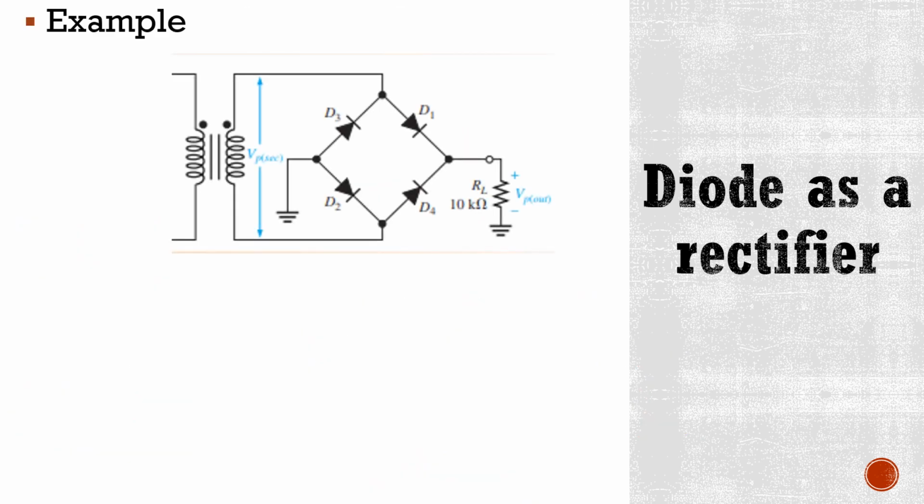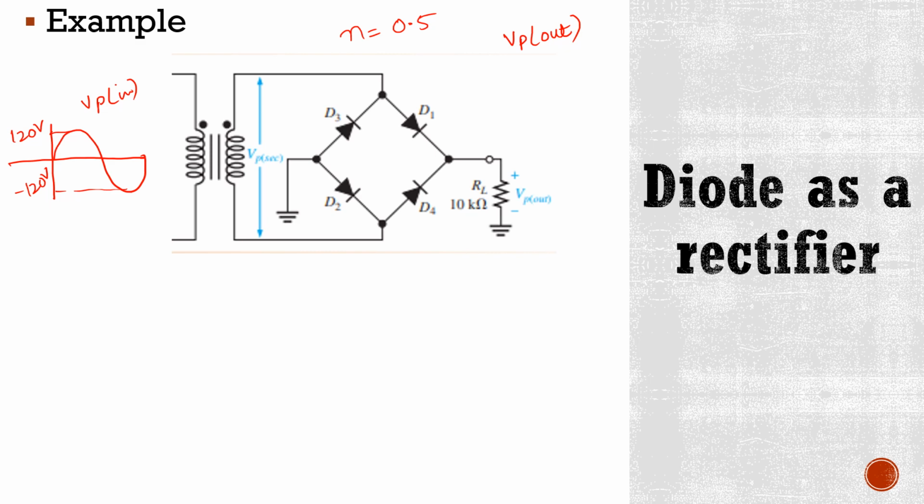Now look at this example. If this is a transformer coupled bridge wave rectifier where the turns ratio is 0.5 and the peak input voltage is 120 volts, this is VP in. Then what is the peak output voltage here?